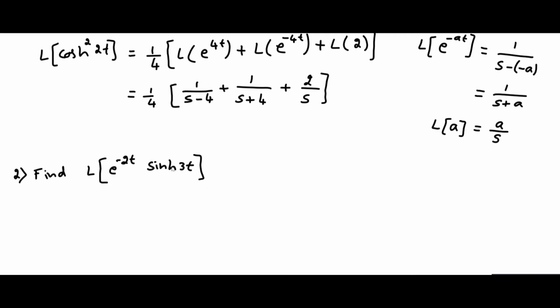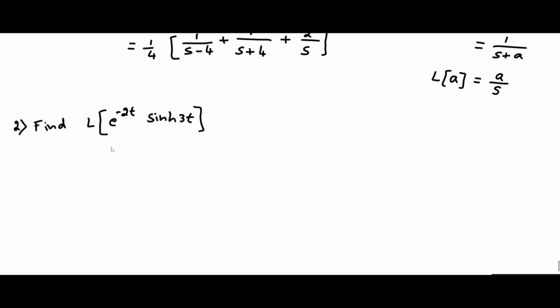Here also, because you have a hyperbolic function, I will be using the formula for the hyperbolic function sinh at. So we know the formula for sinh at. Sinh at is nothing but e power of at minus e power of minus at, the whole divided by 2.